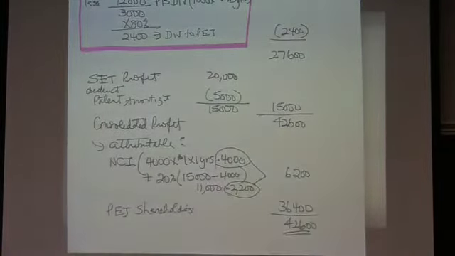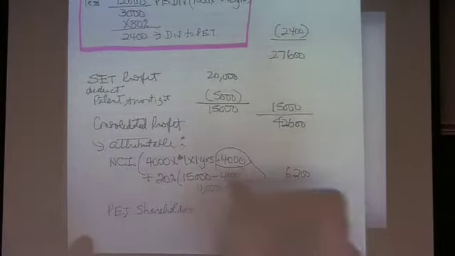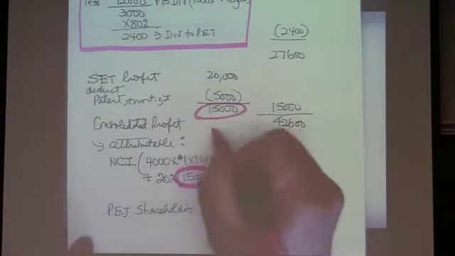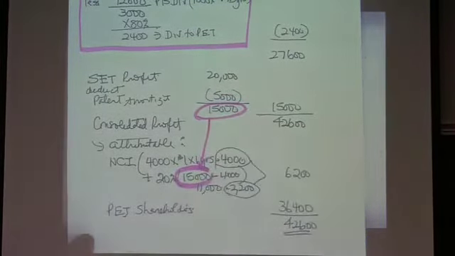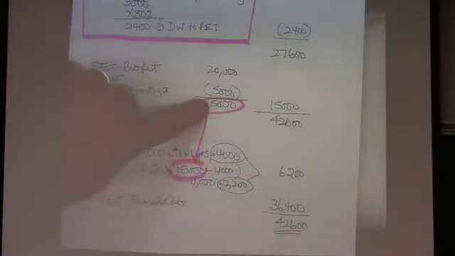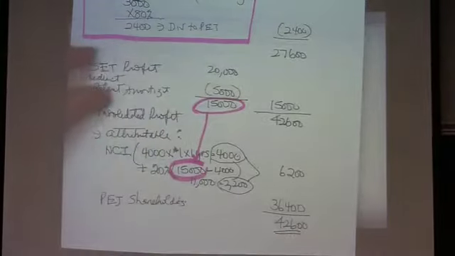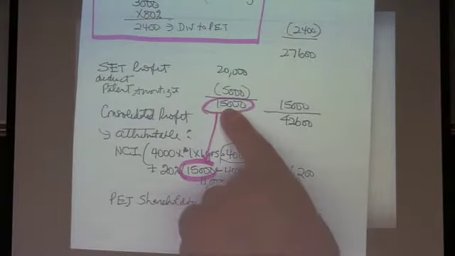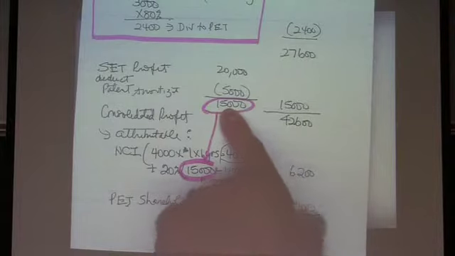So let me just highlight where I got these numbers from. So first of all, this 15,000 is this number here. So all I want is to be able to say how much of this 15 goes to non-controlling interest, because this is SET's profit after I've adjusted for the amortization of the patent.